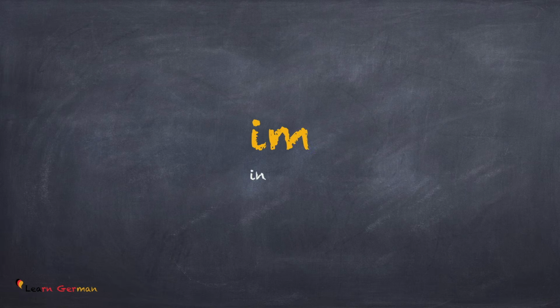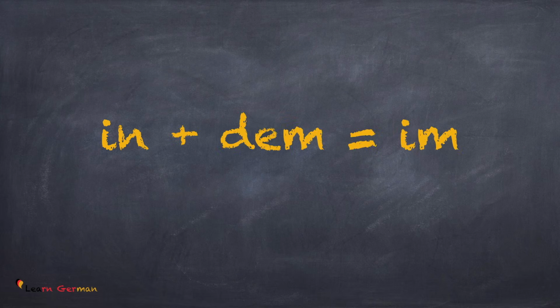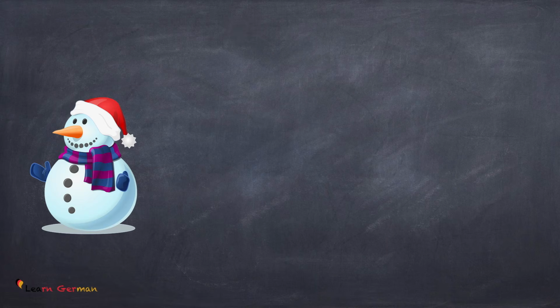And now the next preposition, im. Im is basically the preposition in along with the dative article dem. In plus dem gives you im. Let's see when and how to use this preposition.